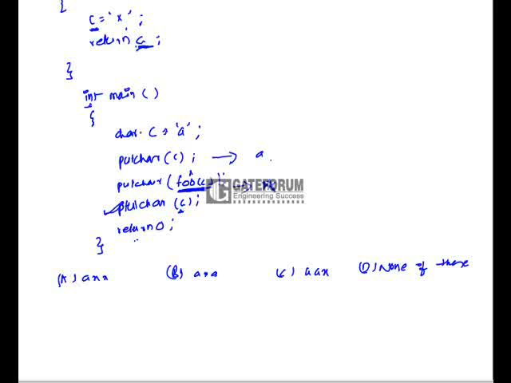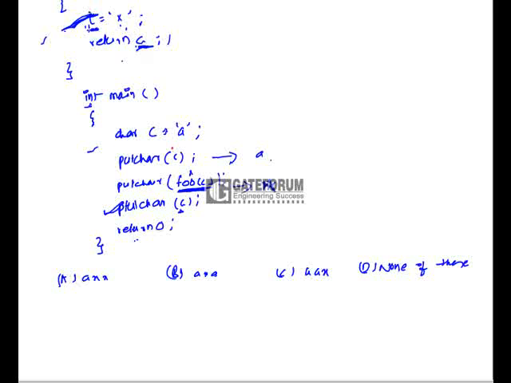And again putchar is called on variable C. Just now we have initialized C to X, but this is a local variable. That means the value assigned to C in this function will not affect the main function. Why? Because C is declared as a local variable, and the updates will be within this function only.